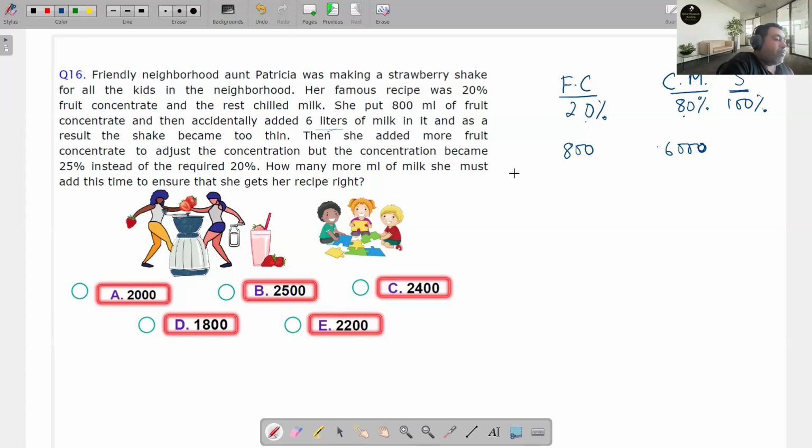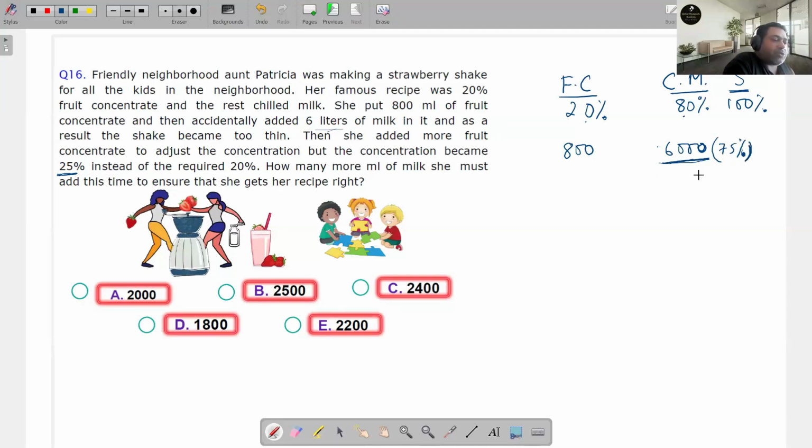Then she added more fruit concentrate to adjust the concentration. But the concentration became 25%. So understand that now she is not adding chilled milk anymore. Now the total chilled milk is 6000. Because the concentrate became 25%, this one became 75% now.